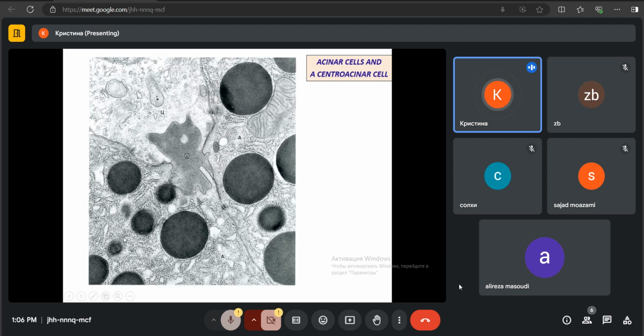They have a lot of rough endoplasmic reticulum and zymogen granules. So these two are acinar cells. The first cell has no such developed rough endoplasmic reticulum and no zymogen granules. So this is the centroacinar cell. It is smaller and pale-looking cell.